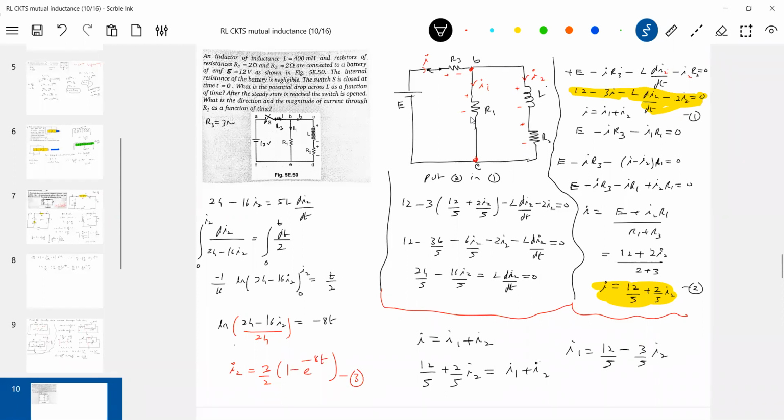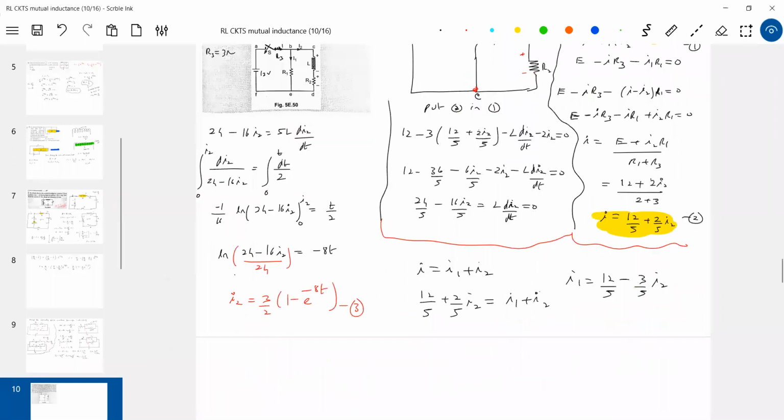Now substitute the value of I2 here. We'll get I1 as a function of time, not a constant. This is very important. Sir, there's no inductor, so a constant current should flow? No, the potential difference here, the current through the coil will be varying. Here also it will be varying. So let's write the expression for I1.